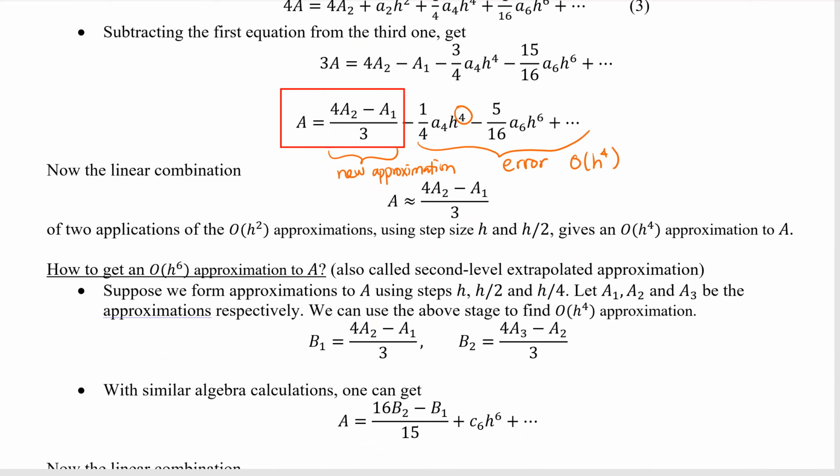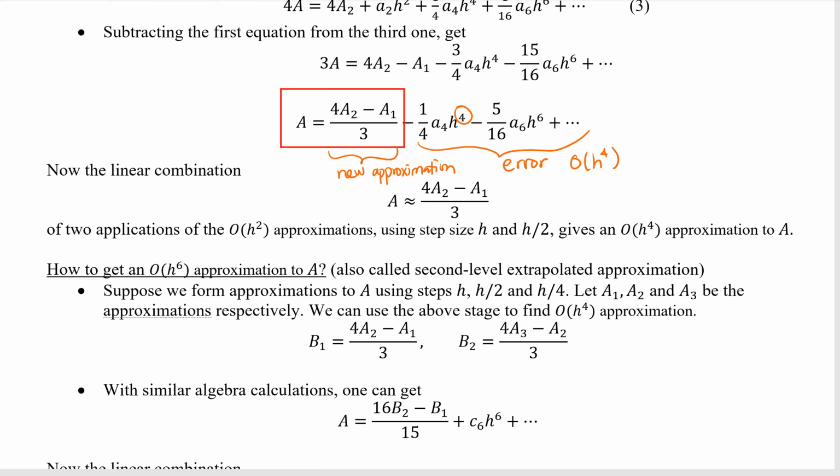Okay, and how do we get a sixth order error approximation to A? This is also called the second level extrapolation approximation. Suppose we form approximations to A using step size h, h over 2, and h over 4. Now we let A1, A2, and A3 be the approximations respectively.